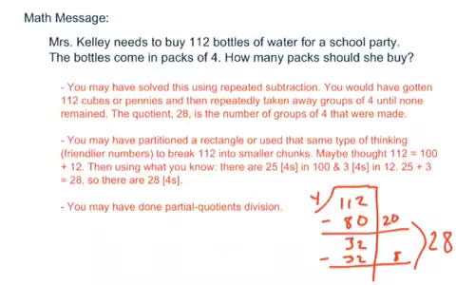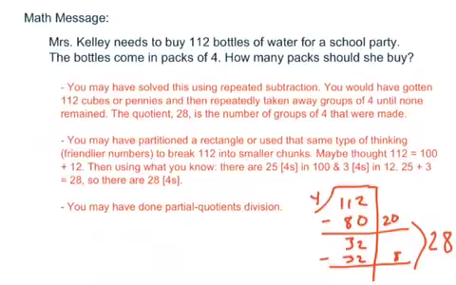You may have partitioned a rectangle or used that same type of thinking, like meaning friendlier numbers, to break 112 into smaller chunks. Maybe you would have thought of 112 equals 100 plus 12. Then using what you know, there are 25 4s in 100.